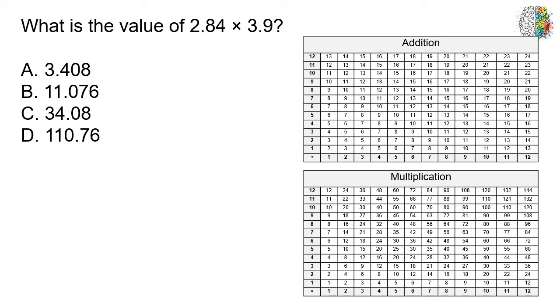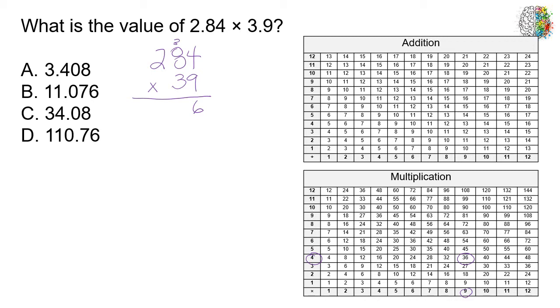So the next thing we're going to do is we're going to set this up to start our multiplication. And we know when we multiply decimals, we multiply them just like regular. So the first thing we're going to do is we're going to take that 4 times 9, and from our multiplication table we know we can take the 4 multiplied by the 9, and that's going to give me 36. So I carry that 3, drop that 6 down.